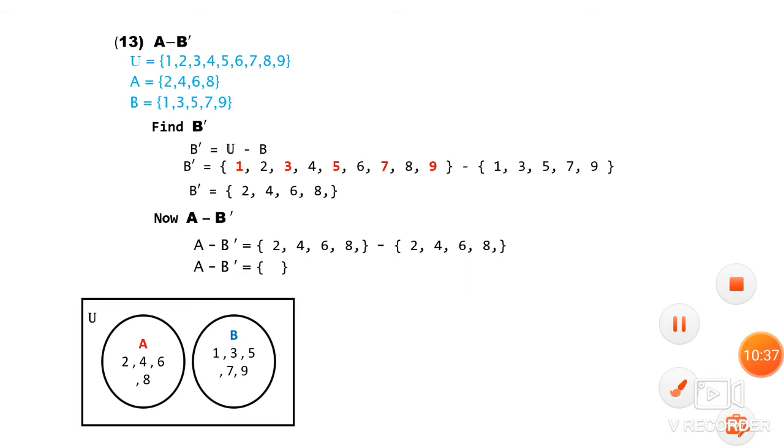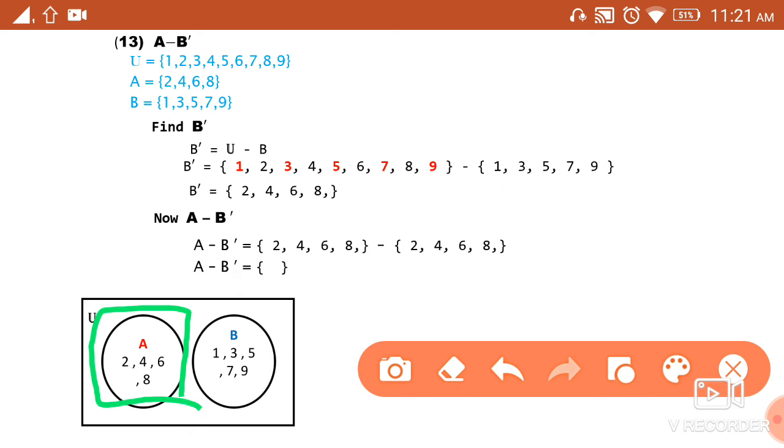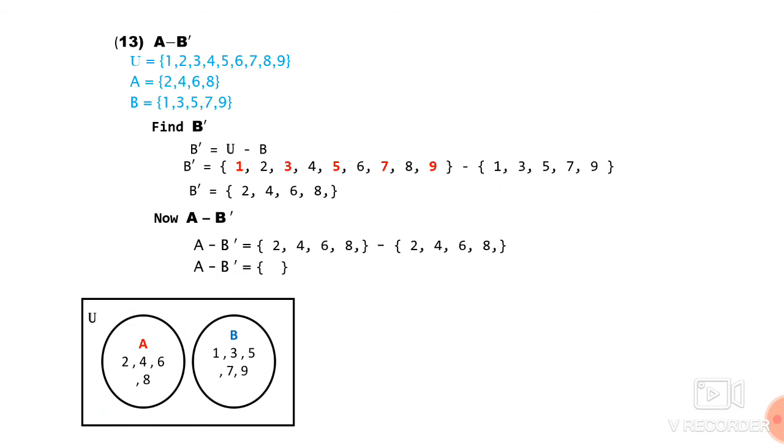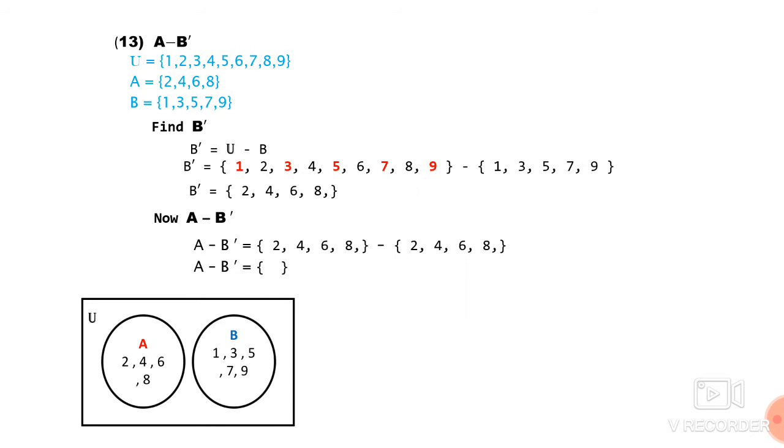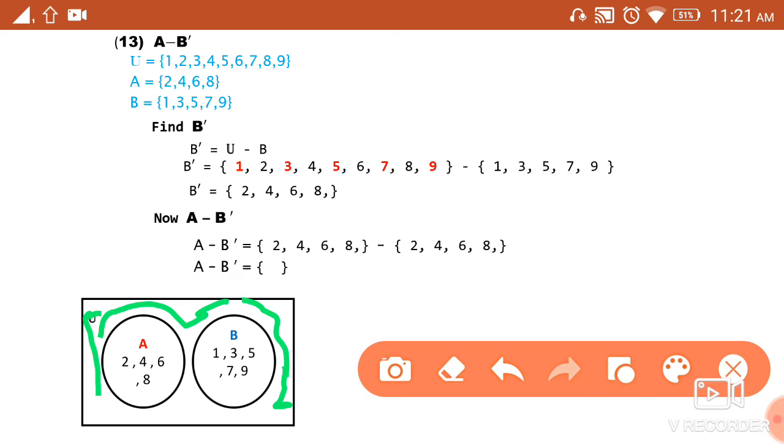Here you can see the empty area is the part which is outside both the circles. It means the remaining part of the rectangle, leaving both the circles.